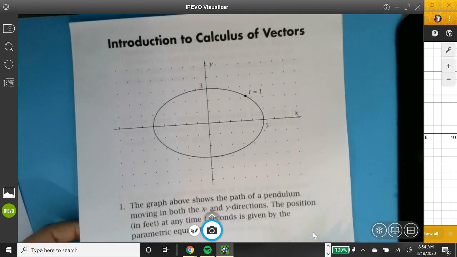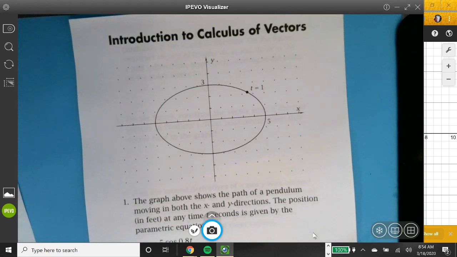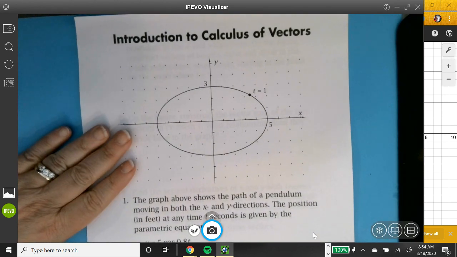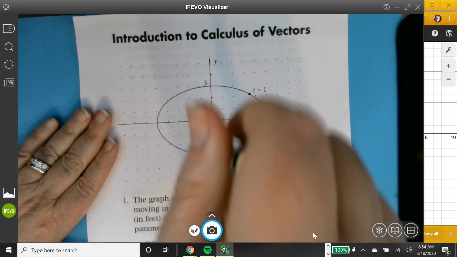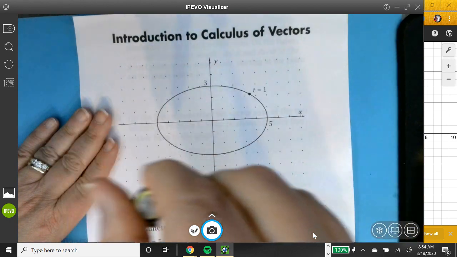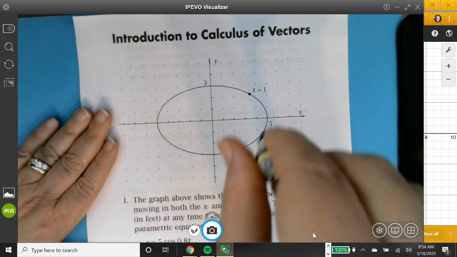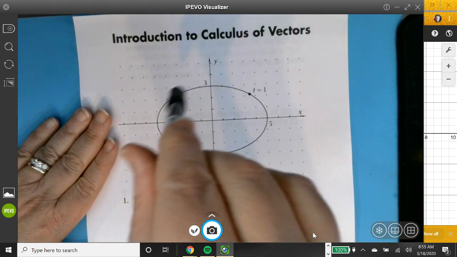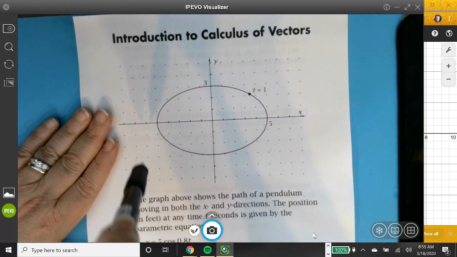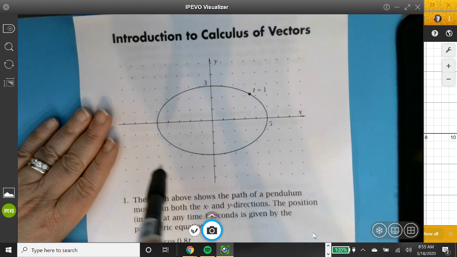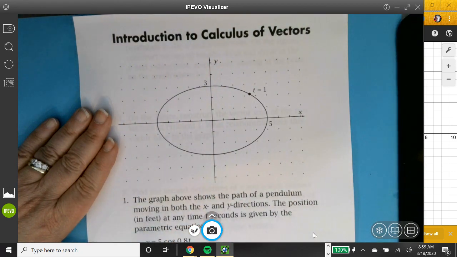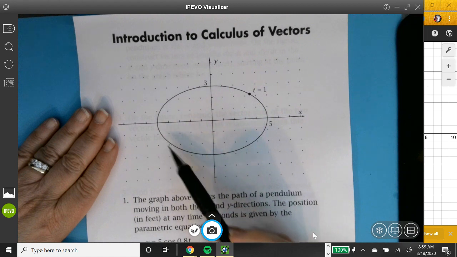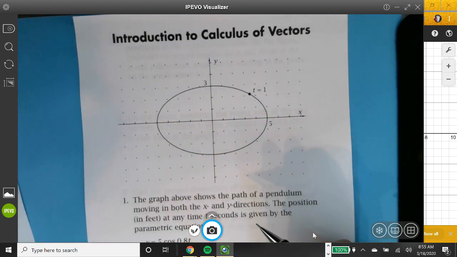All right. Now, I really like to do this exploration, and this is the path of a pendulum. And think of a pendulum as something that's going around and creating a path with the tip of the pendulum. There are a lot of famous ones that you can go visit. There's one in Los Angeles, at their observatory, and it's really cool to see the path of the tip of the pendulum rotate.